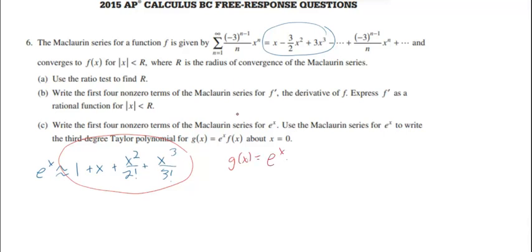G of x, do it in red, is e to the x times f of x, which is approximately, I'm going to write e to the x as a series, 1 plus x plus x squared over 2.